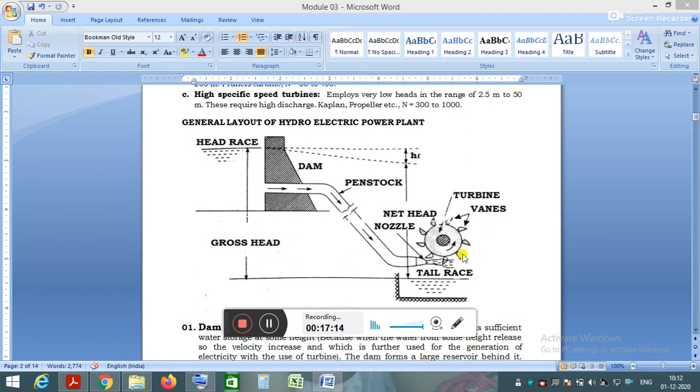And this head which is available at the inlet of the turbine is called the effective head. Gross head minus the head lost due to friction and other things is called the effective head.